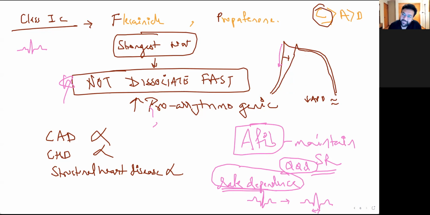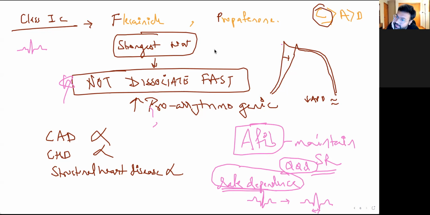Sir, I actually want to ask, if you see in Google the graph for antiarrhythmic drugs, why is the slope of the class 1C drugs more to the right? Does the affinity affect the steepness of the slope?